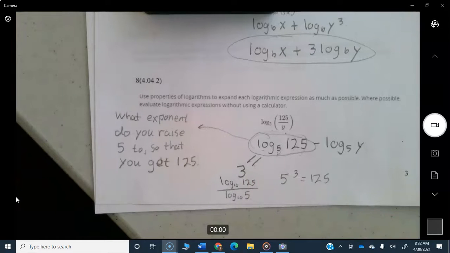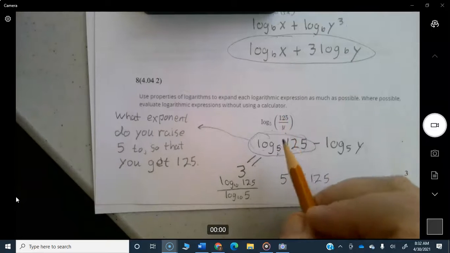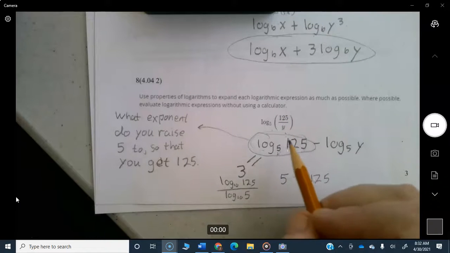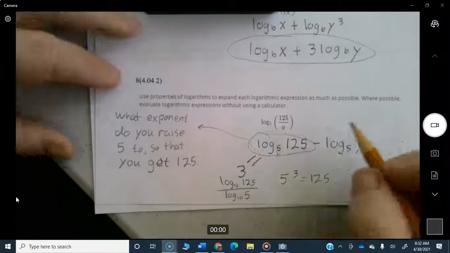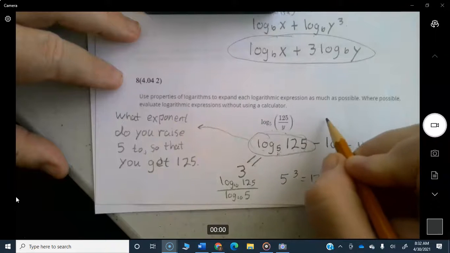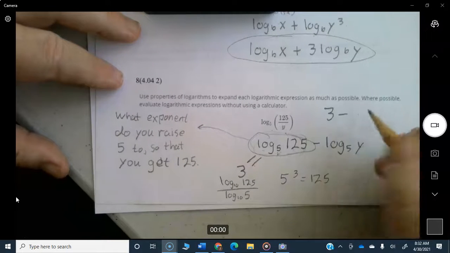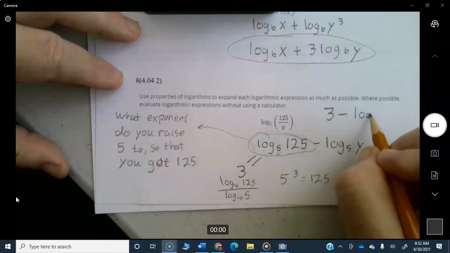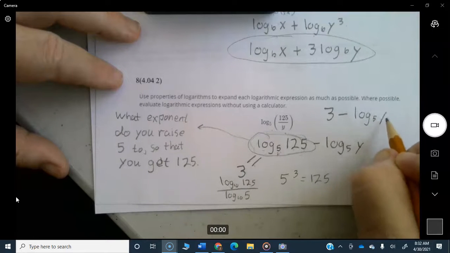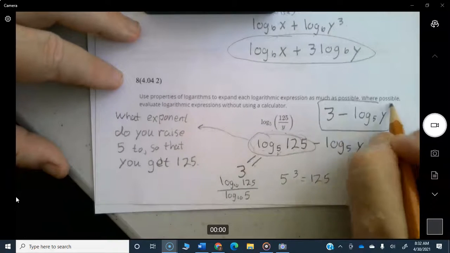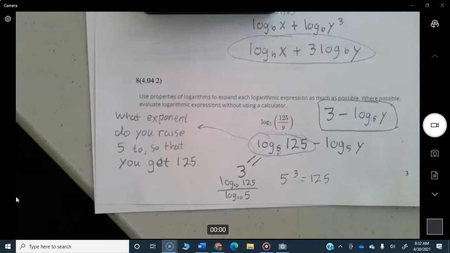So you could use change of base. But we saw that 5 raised to the third is 125, so this equals 3. So our final answer is going to be 3 minus, and this term you can't simplify any further, so it's log base 5 of y. That's your final answer. And that's all there is to that.